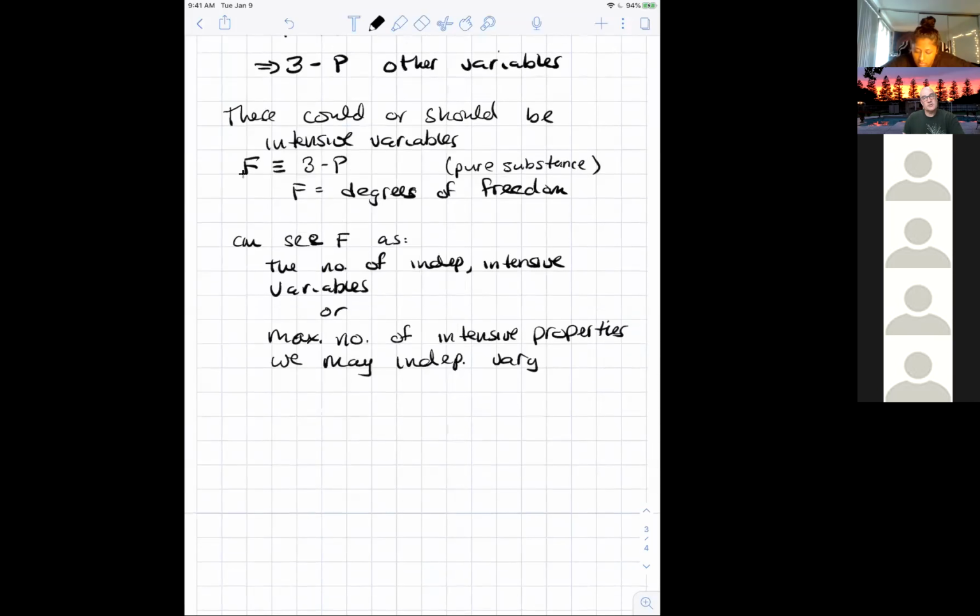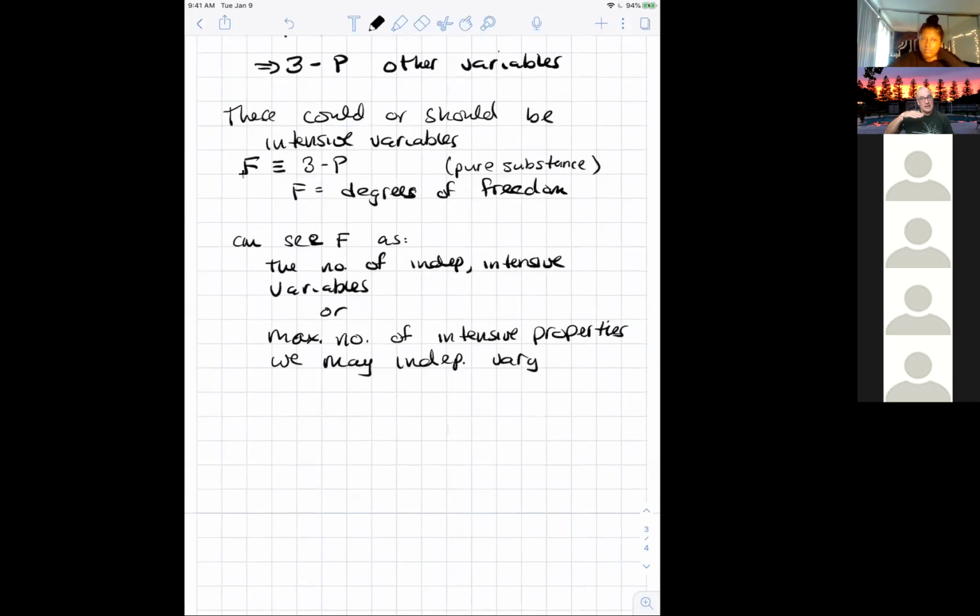Many times it turns out if we think we have more than one property that we're varying, we're actually not, right? So an example of this is the pressure and the volume. Very often we think we're varying them both independently, but of course, if we have a constant pressure system, then we're holding the pressure fixed, right?